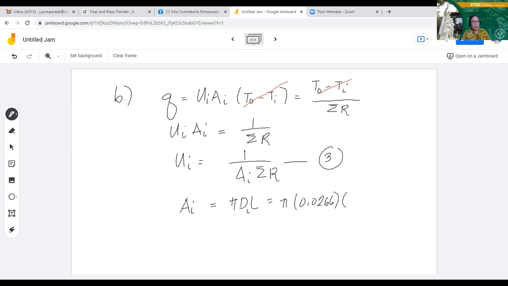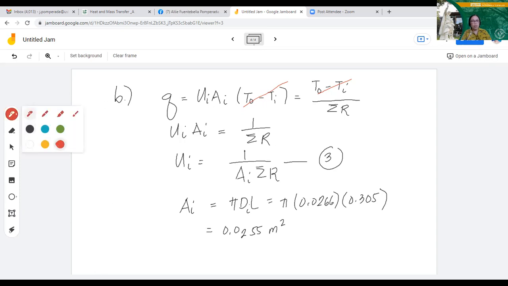So in this case, I'll be using the length that is stated in the problem, which is 0.305 meters. Now you have already the inside area, or 0.0255 square meter. So this is the inside area of your pipe, the inner part area of your pipe. So we know this already.